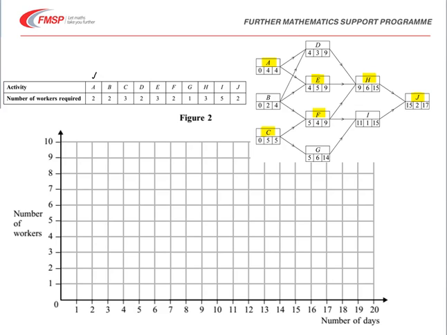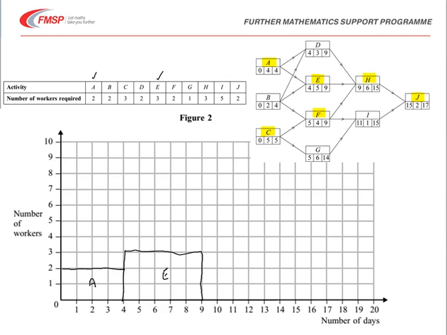So if we draw that one in, 2 workers required for 4 days, and it's probably best to label that as A. Going on then, E must start on day 4, takes 5 days, and E requires 3 workers. So I'm just keeping track in the top table there of which ones we've already done. So E requires 3 workers and goes on for 5 days from there.